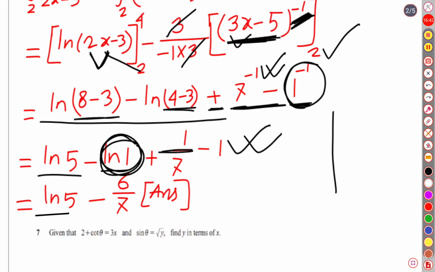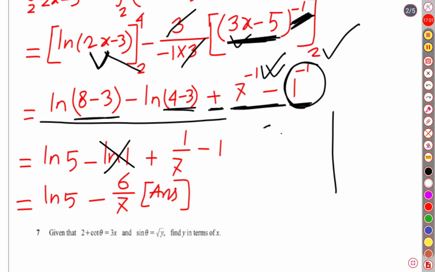So ultimately ln 5 minus 6 over 7. Sorry, it is ln 5. Then ln 1 is 0. Then if we do simplification, it is going to be 7 minus 1 is equal to 6, so 6 over 7. So that is the final answer to this question.